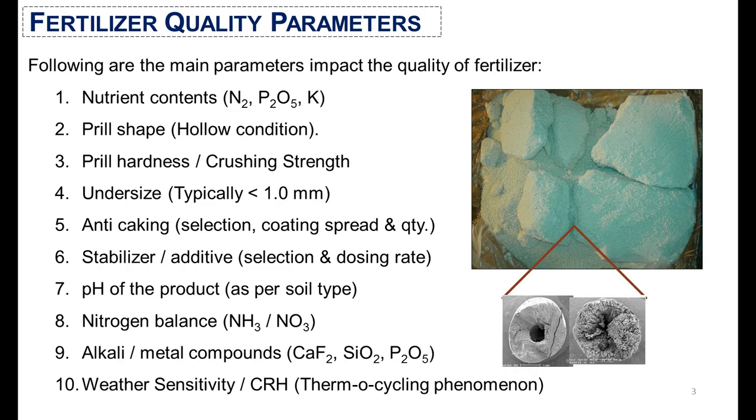Eighth is the nitrogen balance. If it is a nitrogen based fertilizer, then there must be a proper balance between the nitrate nitrogen and the ammoniacal nitrogen. Ninth are the alkali or the metal compounds like fluoride compounds, silicates, and the phosphate compounds, because they directly impact the shelf life of the product.